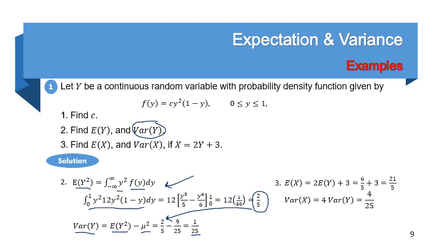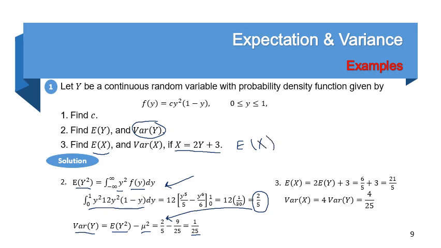In order to finish the problem, we need to get the expectation in number 3. We need to get the expectation of x. And you see here, our x is defined to be 2y plus 3. So if you need the expectation of x, it means that you need the expectation of the whole bracket you have, which is 2y plus 3.